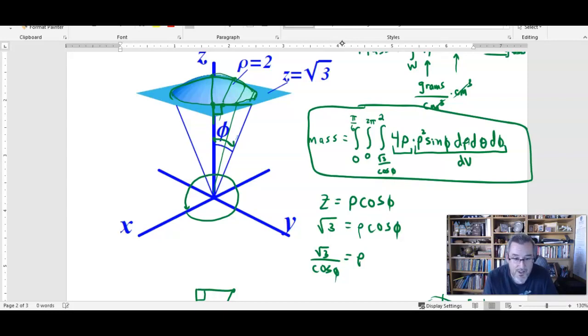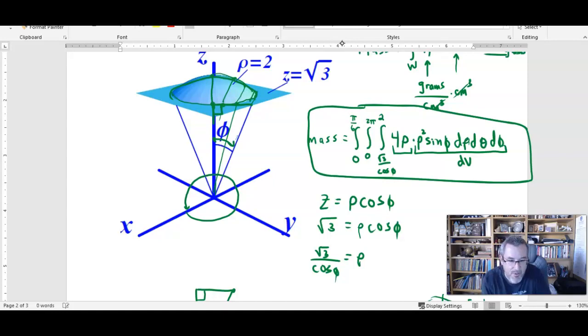Be careful that you don't conflate z with rho. They do have similar values sometimes. Right here, the value of rho is the square root of 3, and the value of z is the square root of 3. But if you rotate an angle, rho is at an angle now. Rho is no longer the square root of 3; rho is something else based on phi.